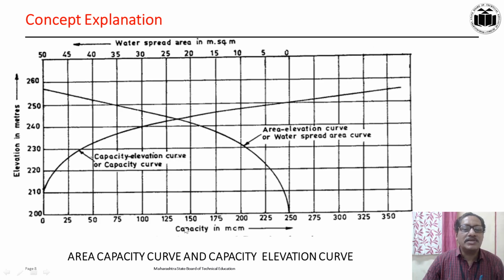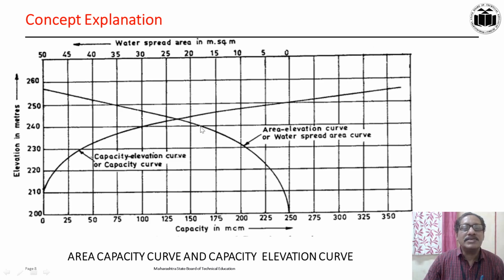In this, you can see the capacities are marked on the lower x-axis in million cubic meter and the corresponding elevations on the y-axis. So this is the curve which gives the idea about the capacity of the reservoir at different elevations.